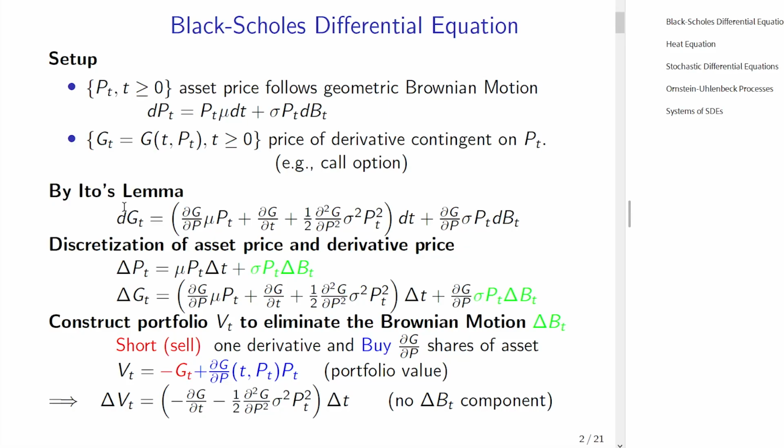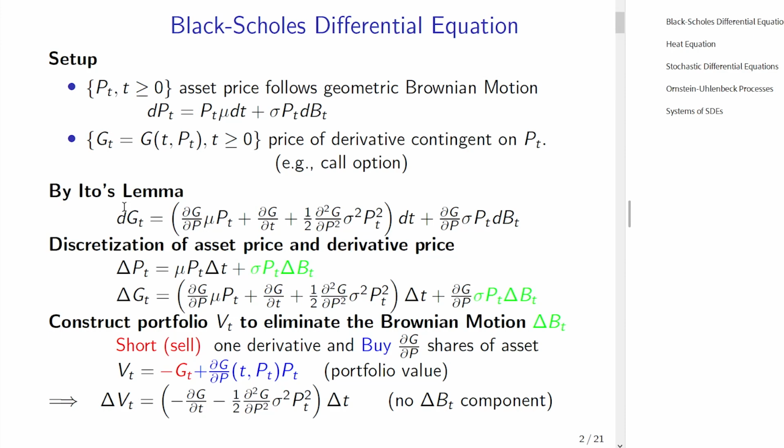If we do the same for the increment of the derivative, we substitute in the delta t's and delta B's. So we get the same constant factor times delta t plus dg/dp times sigma P_t delta B_t.